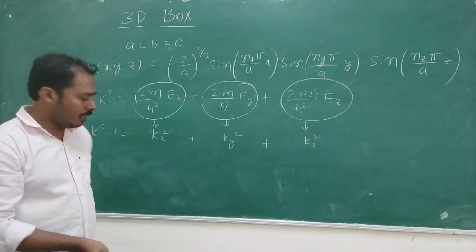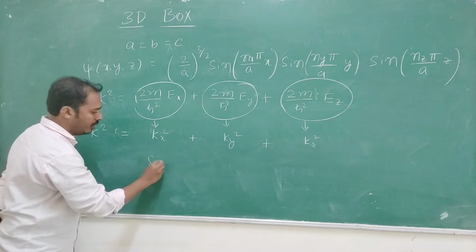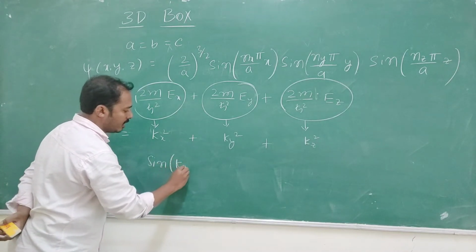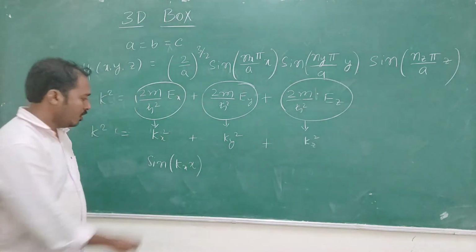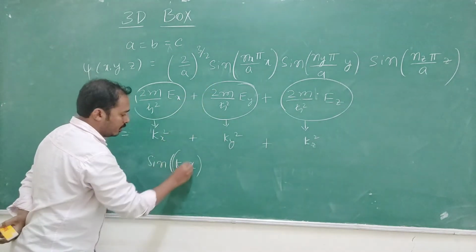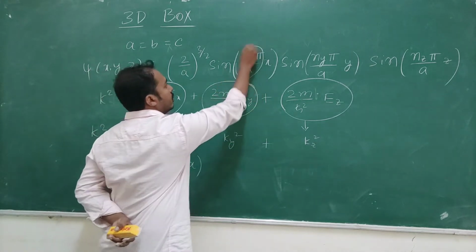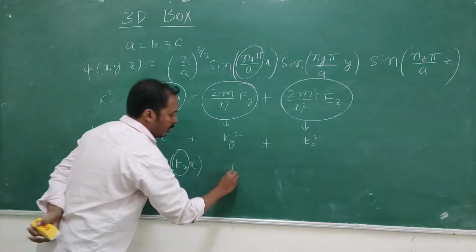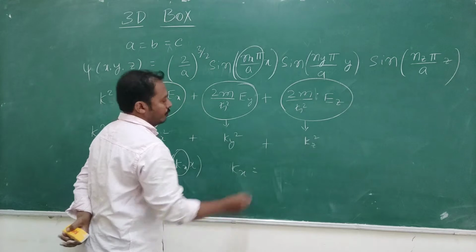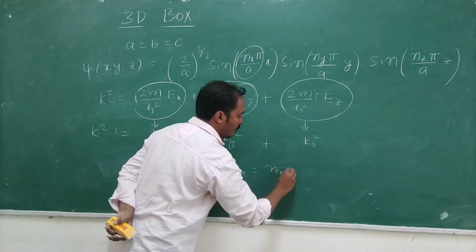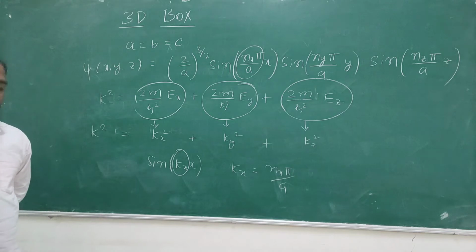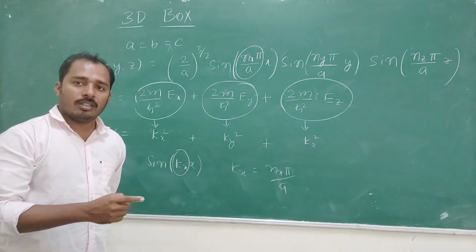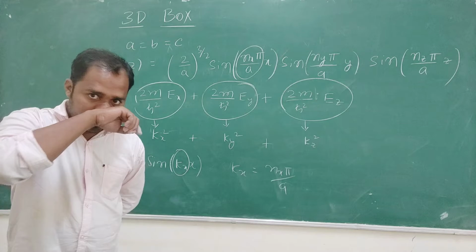So this is nothing but sine kx x, which is equal to this one. kx is equal to nx pi divided by a, from the previous class.